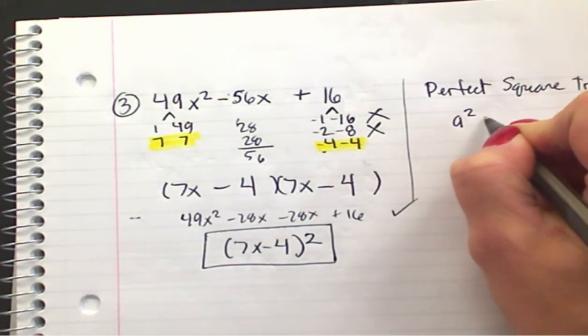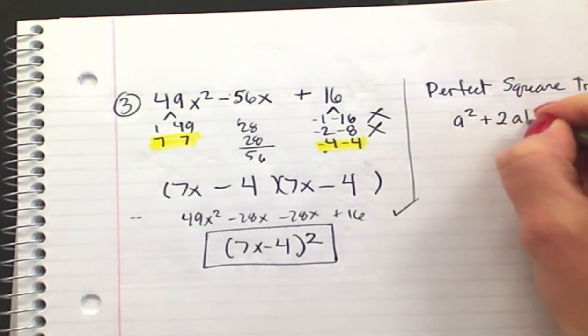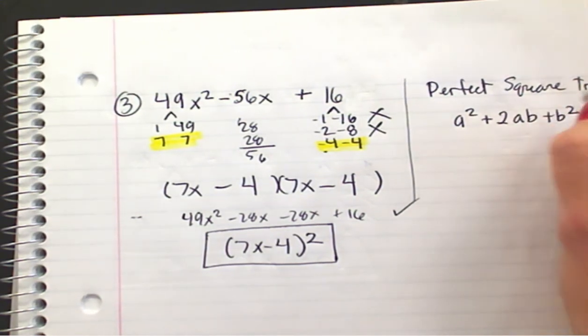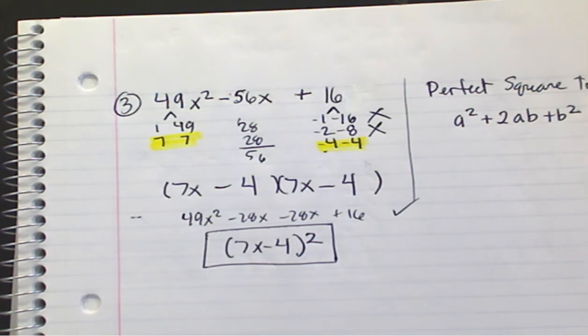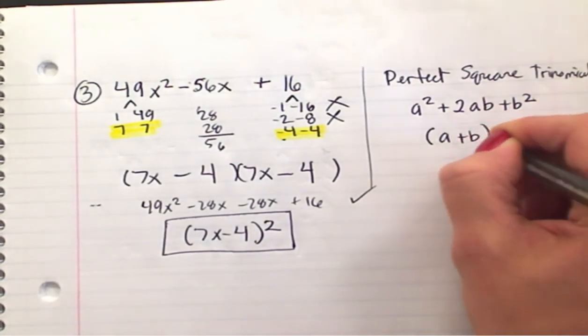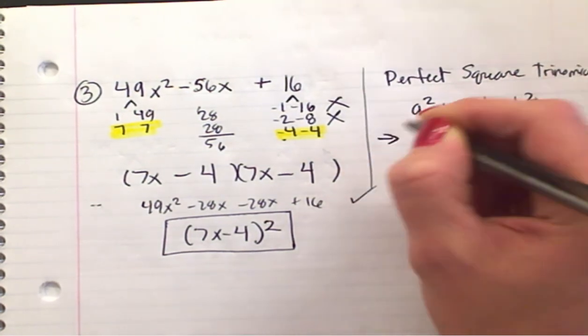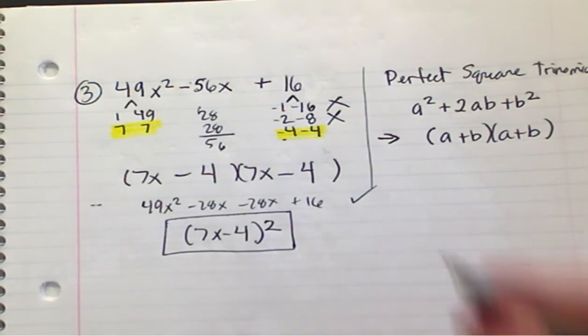A squared plus double the inner and the outer. Double, right? 28 and 28. Double. And it factors like this. It's not really an equals. It's like a biconditional.